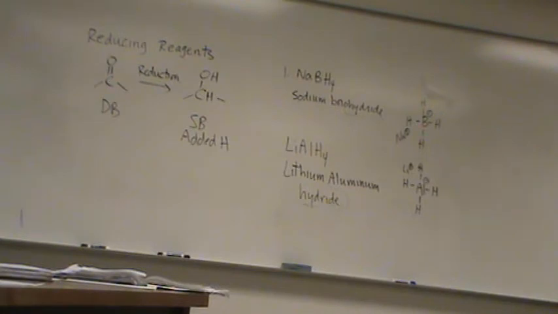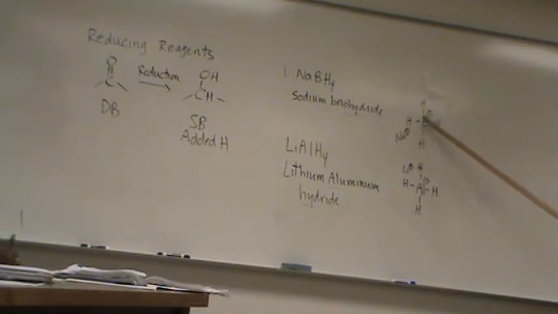In both cases, you've got boron and aluminum with 4 hydrogens, and they both have negative charges. If you look on the periodic table, boron and aluminum are in the same group, so they will have similar properties.